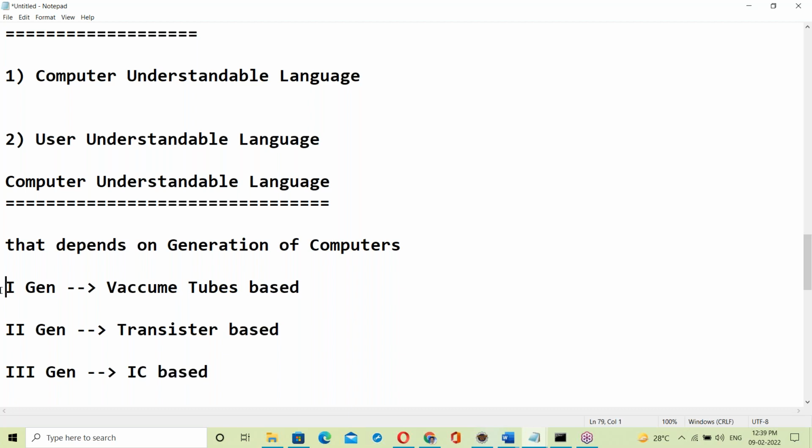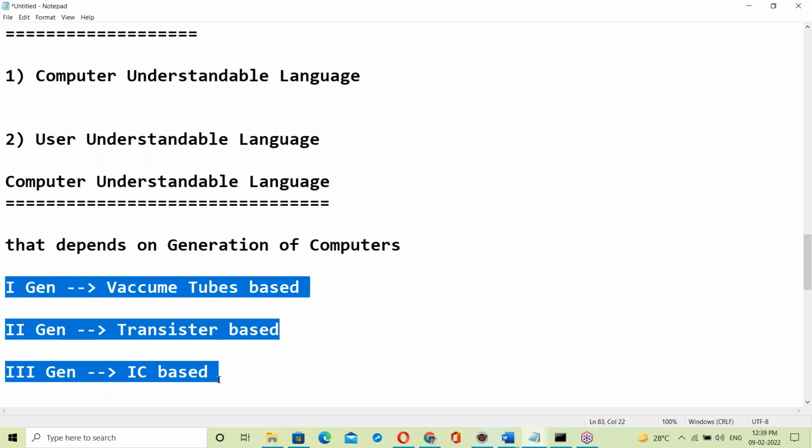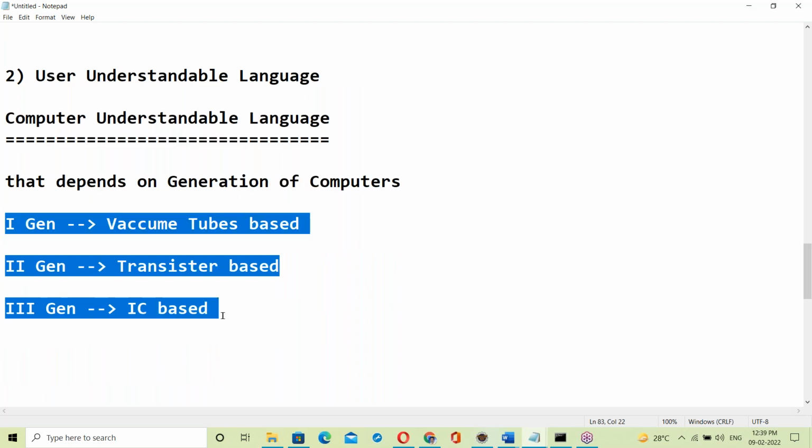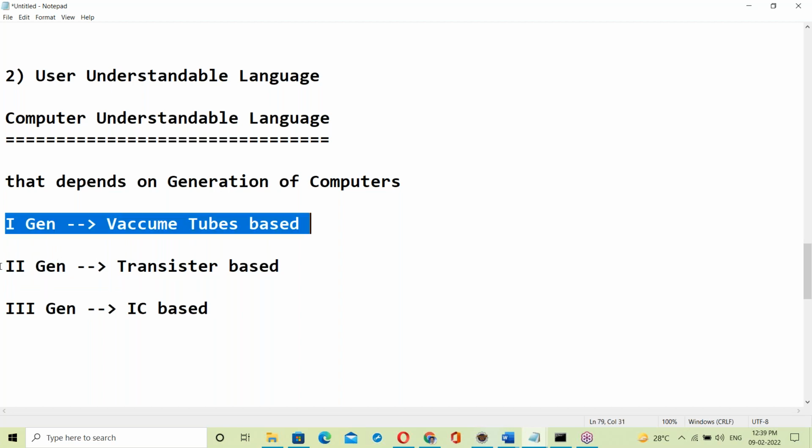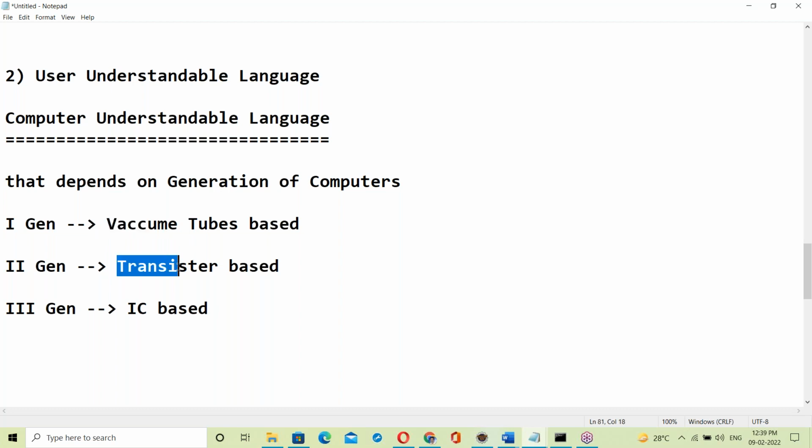This is an electronics subject. In our computer science engineering branch, I think in second year we have one electronics subject. So vacuum tubes, transistor based, IC based.